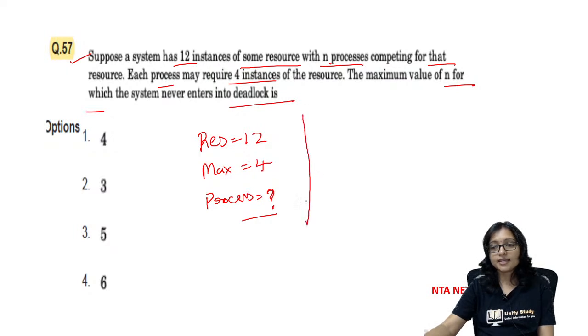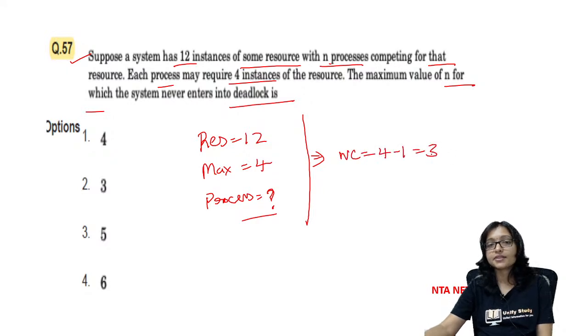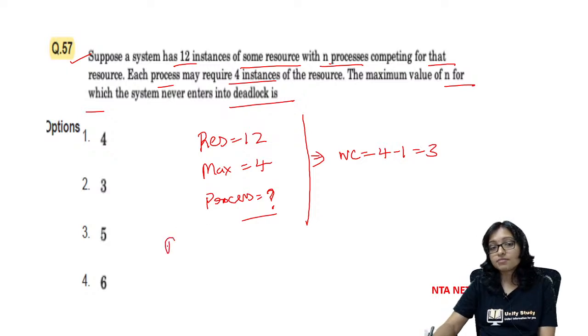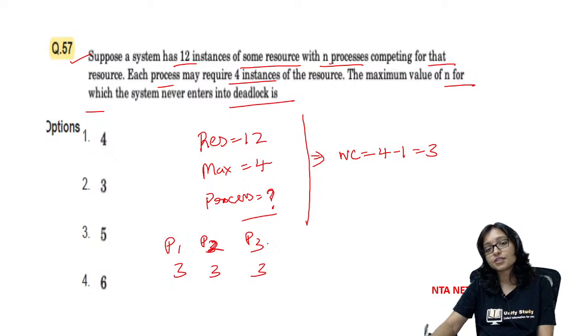Same way, think: the maximum need minus 1, the worst case is 4 minus 1, that is 3. Now how can I distribute this resource? If I take P1, P2, P3, with 3, 3, 3, I have already distributed. Can I give it to P4?